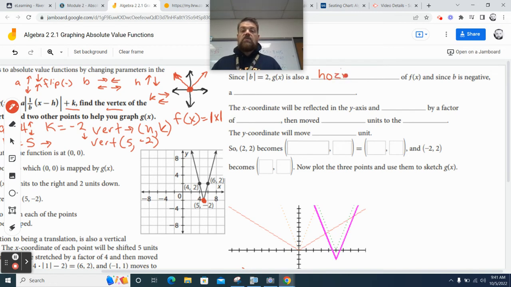But since it's greater than 1, this is a horizontal stretch, right? Does that make sense to you guys?